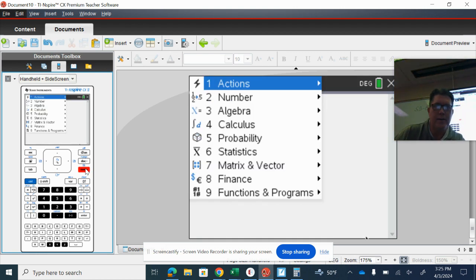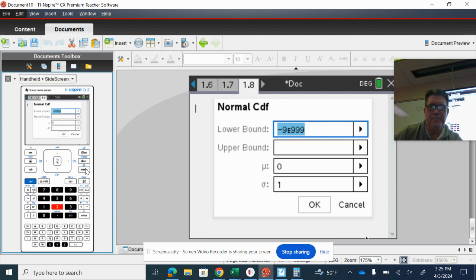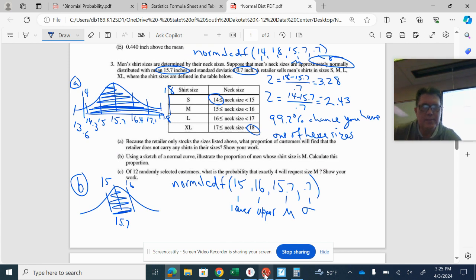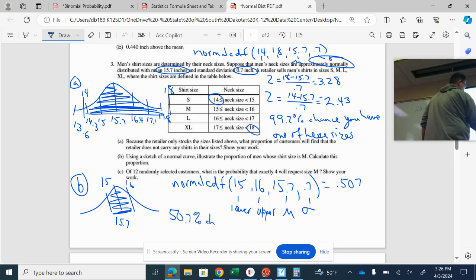Hitting the wrong button. I'm hitting delete. Menu 6, 5, 2. My lower bound 15, 16, 15.7, the standard deviation 0.7, 50.7%. 50.7% chance of a medium.